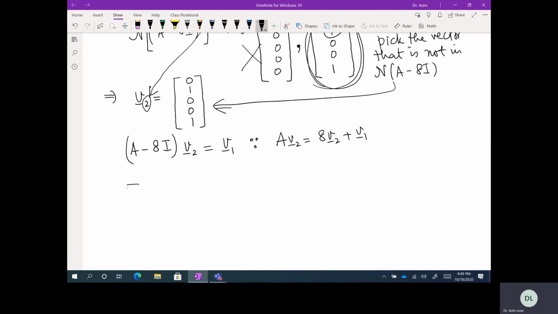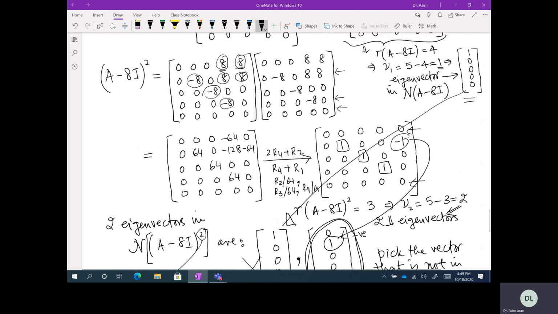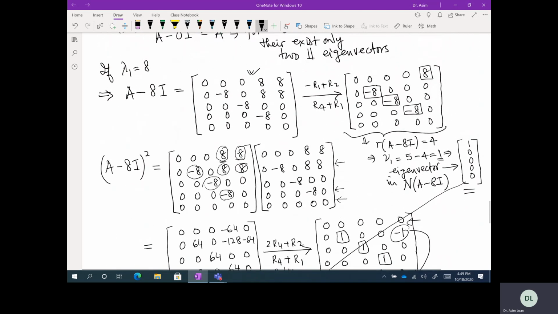So what is v1 then? So this implies v1 is, and what is A minus 8I? So let me get A minus 8I. So this is A minus 8I. So maybe I just copy this one.